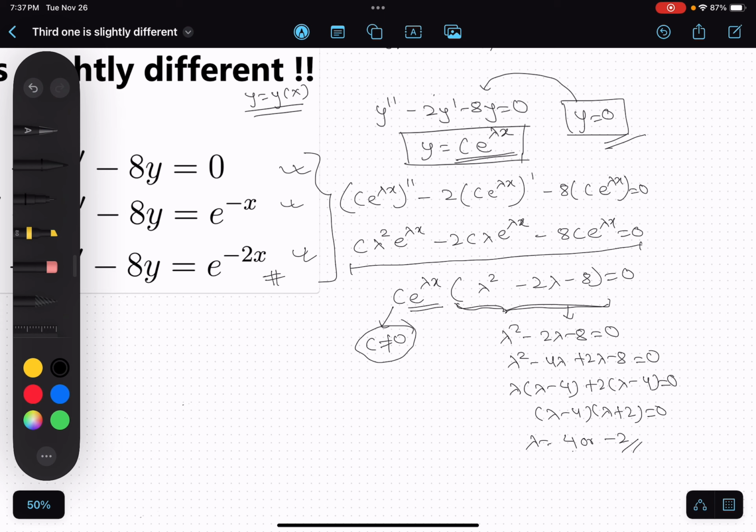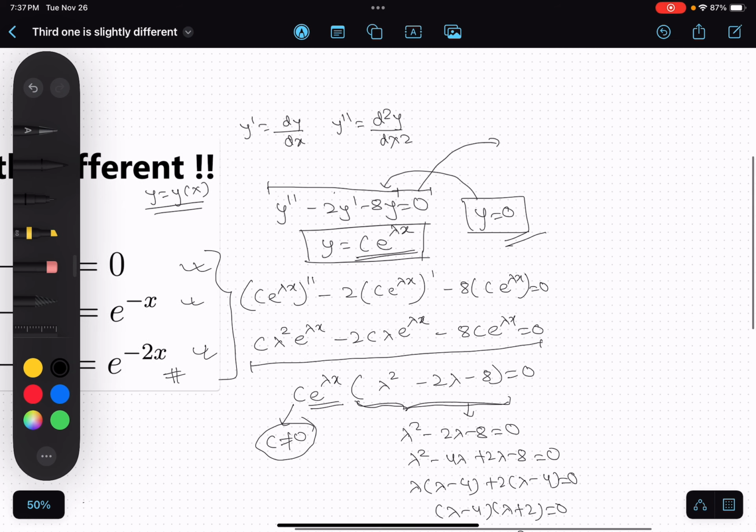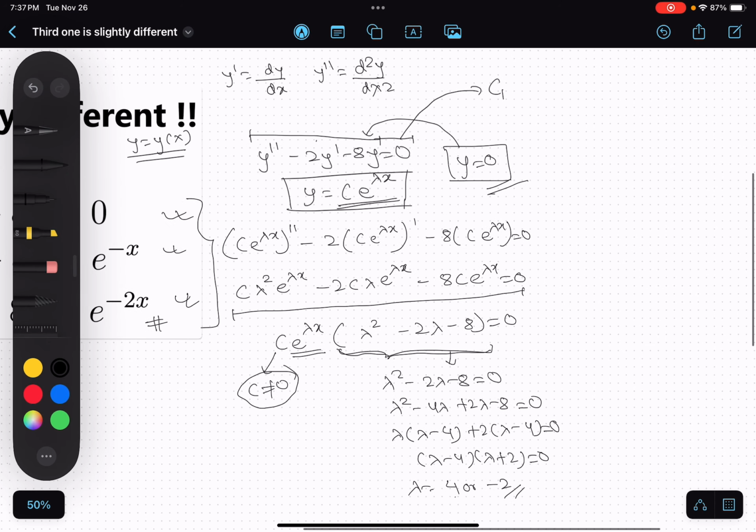So that means no matter what c is, if lambda is 4 or −2, this expression will go to 0. So this entire expression is satisfied by c1 e^(4x), for some number c1, and also by c2 e^(−2x).